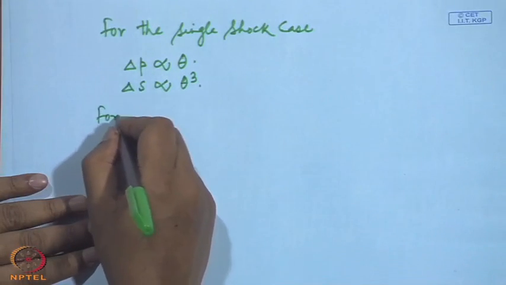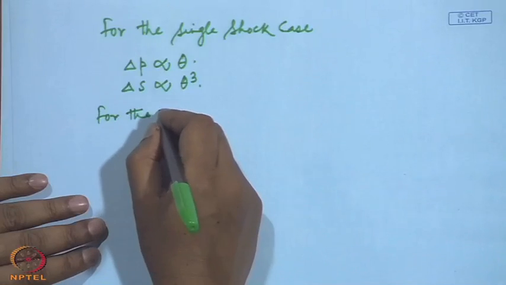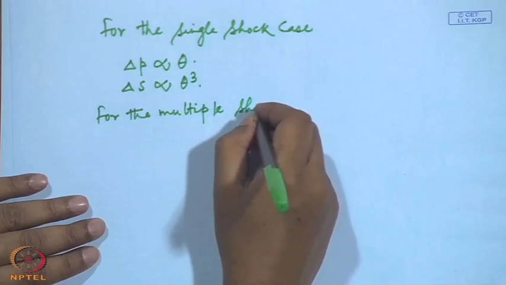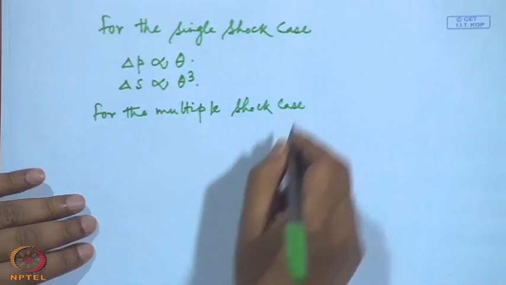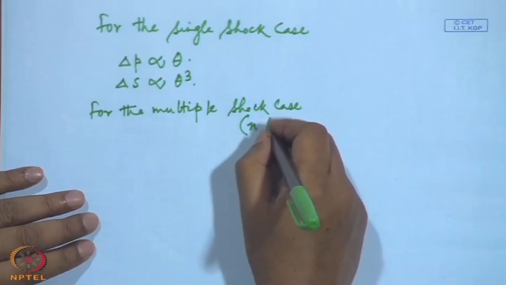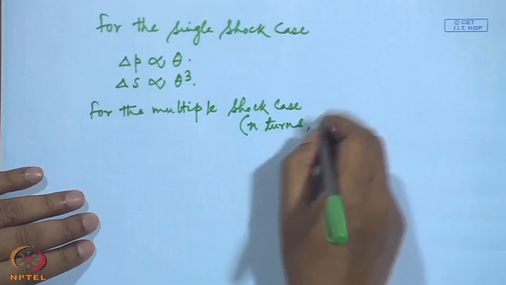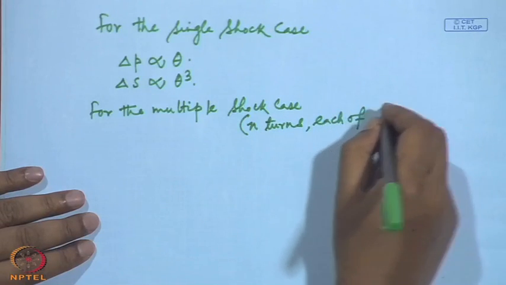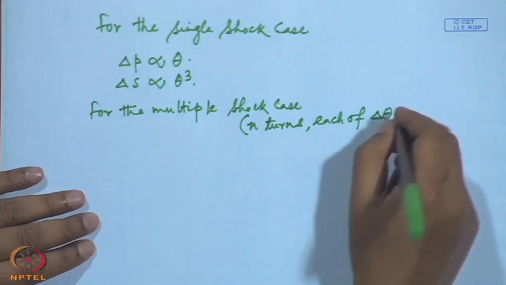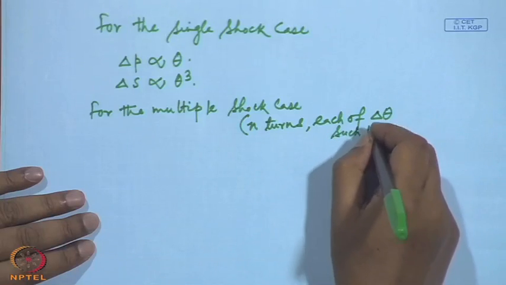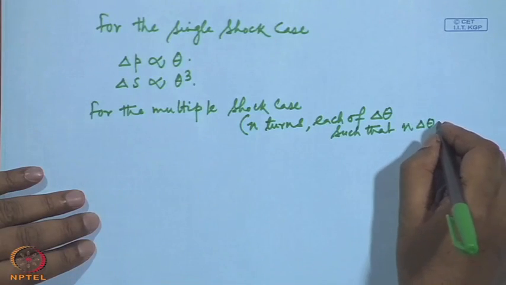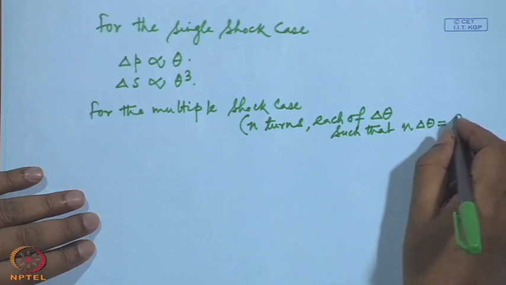For the multiple shock case, let us say that there are n turns, each of delta theta, such that n delta theta equals theta.